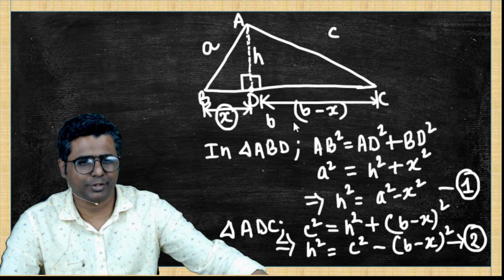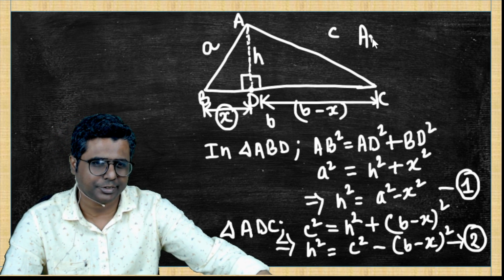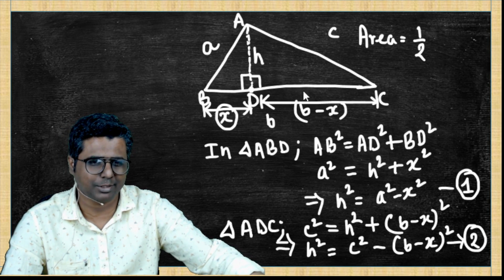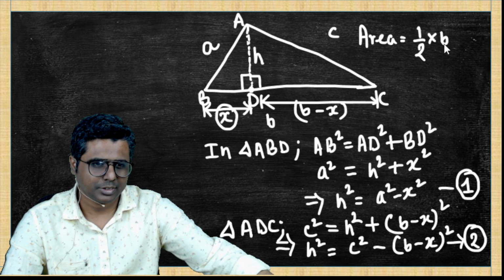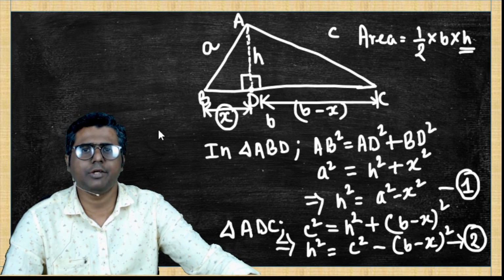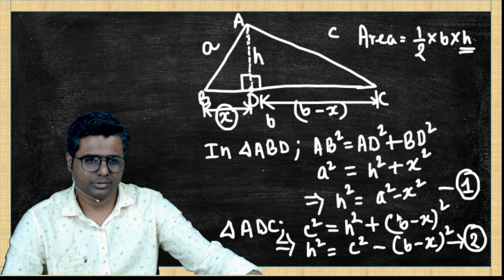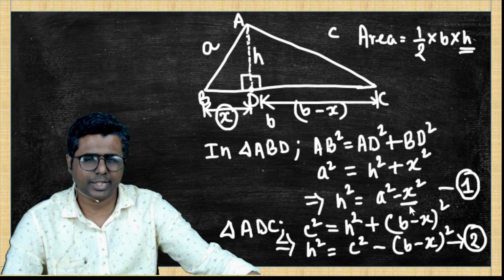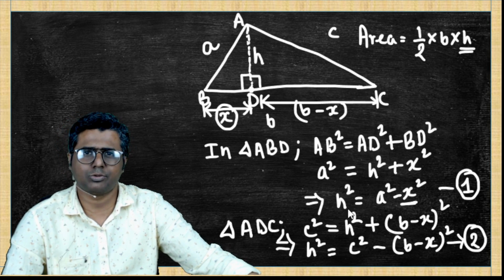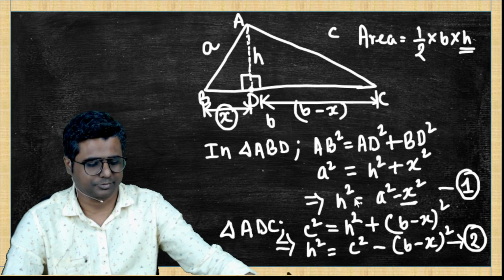Our goal is to find out the area of this triangle, right? So area of this triangle is nothing but half into base, I am taking b, into h. Problem is I don't know this h, right? So now that I have already found out x, I can put this expression of x and I will get h square in terms of a, b and c.